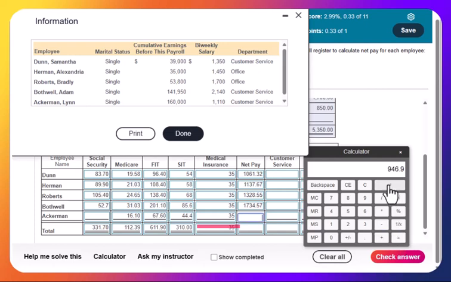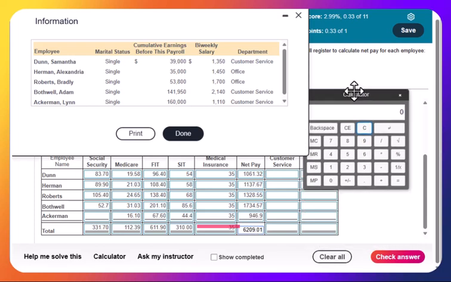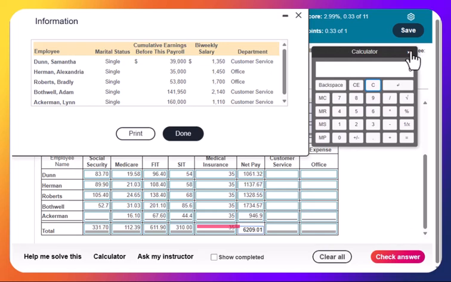Go ahead and input that $946.90 there for Ackerman, and then we can add up all of that net pay here for $6,209.01. And now for another easy and fun part, we can just go ahead and close out of our calculator.